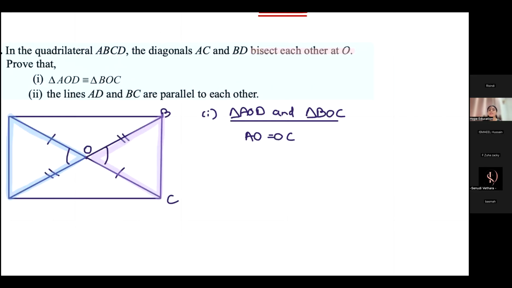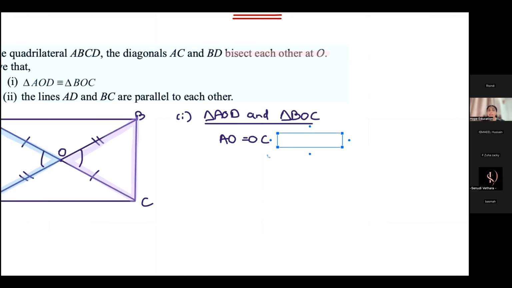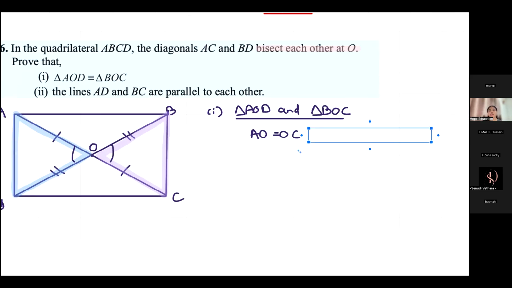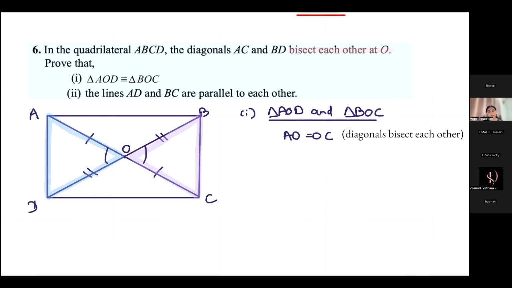Now, how do we write the reason? We can say the diagonals AC and BD bisect each other at O. So we will say diagonals bisect each other at O. They cut off each other equally, right? So that is why we were able to say AO equals OC.